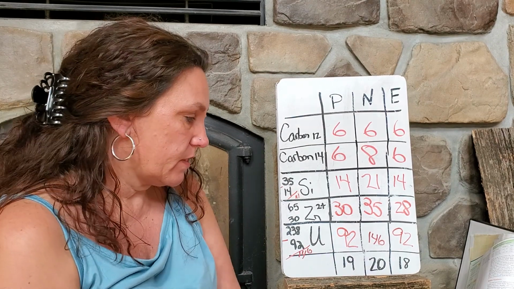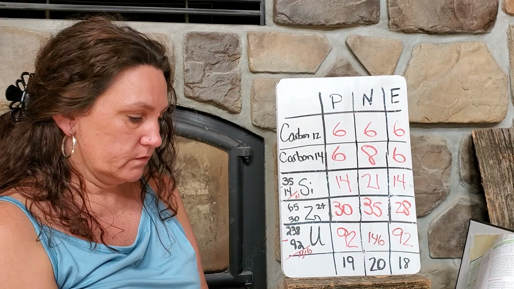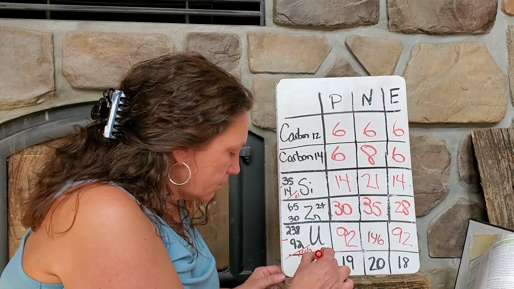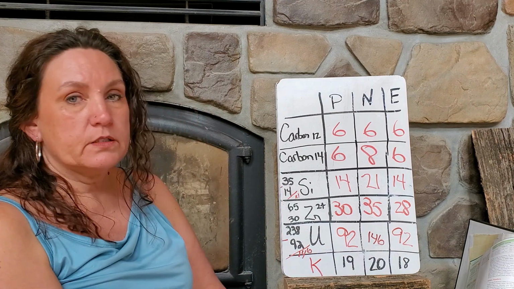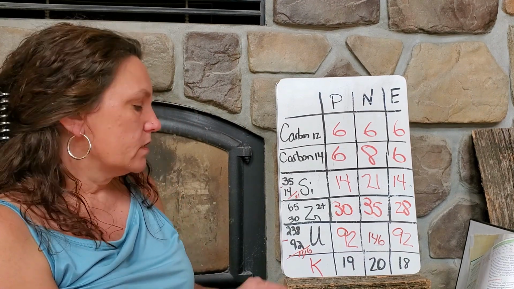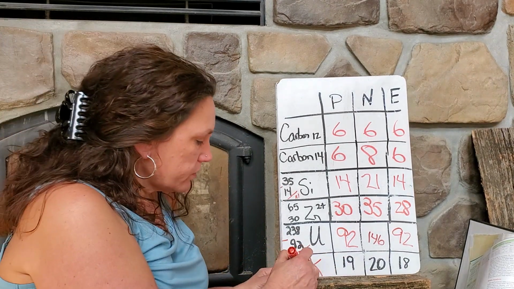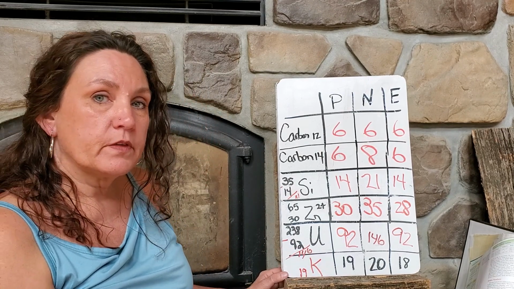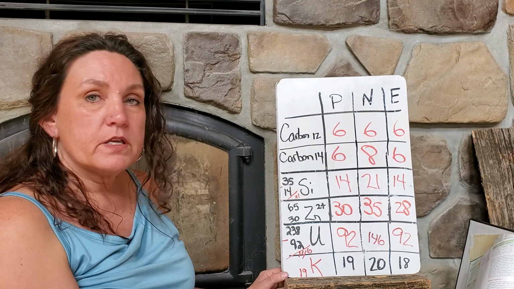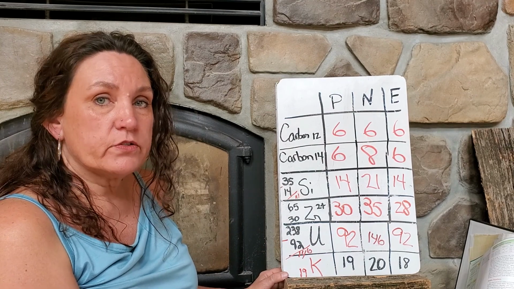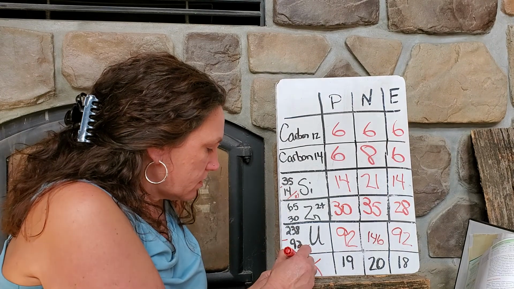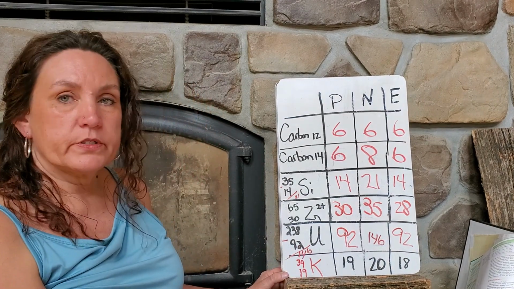Number 19 on the periodic table is potassium. So remember that the atomic number goes down at the bottom. The number at the top is the total mass, so the sum of the protons and neutrons. So it's 39.